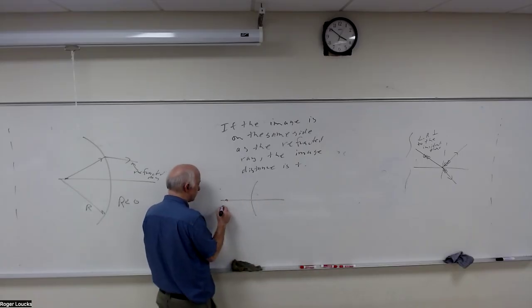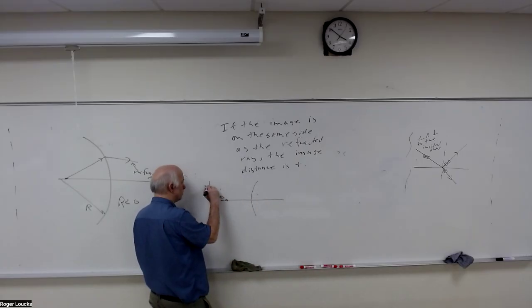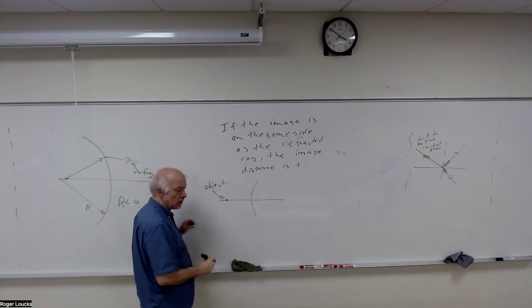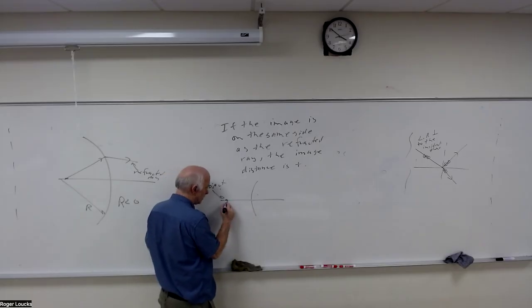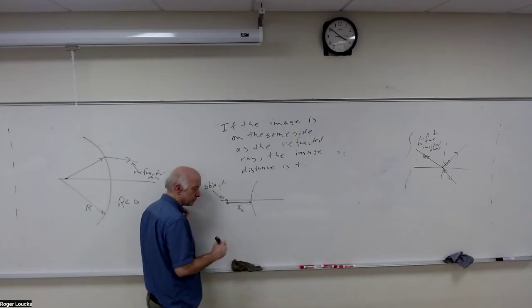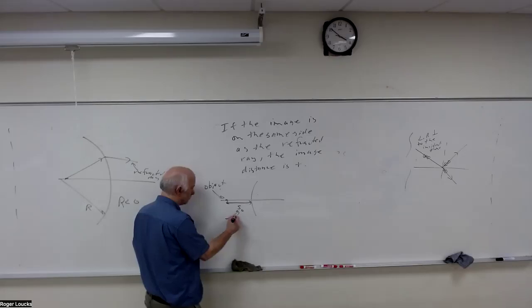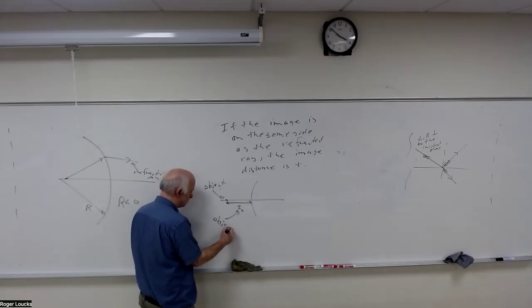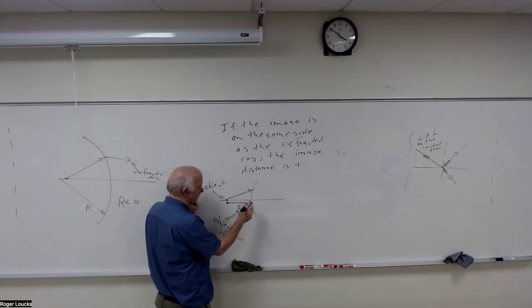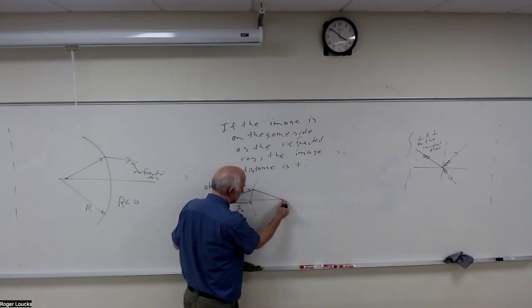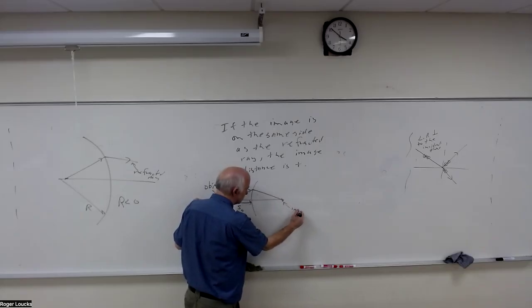Let's say here's my object, and the distance from the object to the lens, I'm going to call SO. This is your object distance. Let's say I have light going like this, and here's my image.